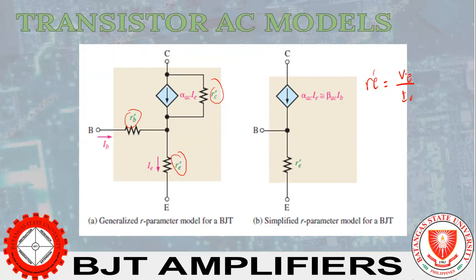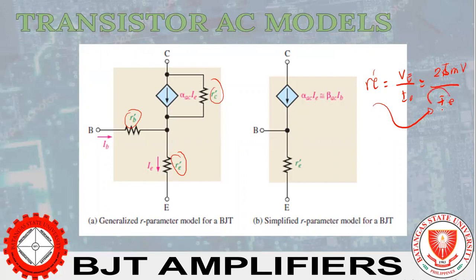Ano yung default natin na AC emitter voltage at 20 degrees Celsius, sa room temperature? Kasi di ba, ang mga transistor is temperature dependent, and sa ambient temperature natin which is 20 degrees, ang ating V is 25 mV. So, 25 millivolts over IE. Ito yung magiging formula natin for re prime. Ibig sabihin, kailangan lang natin makakuha ng IE.